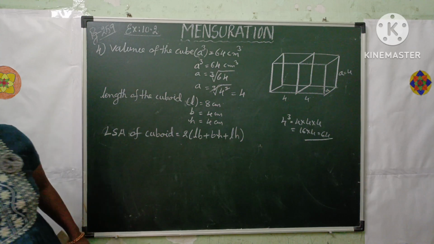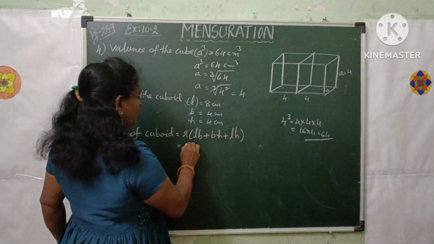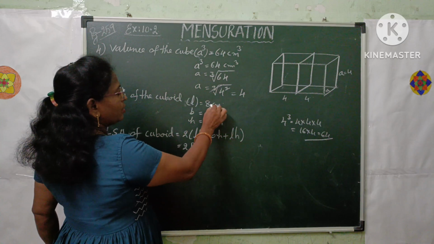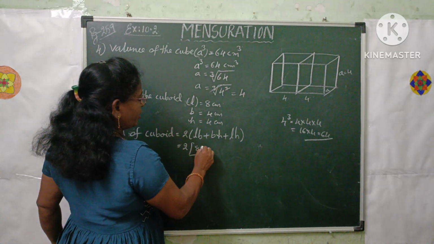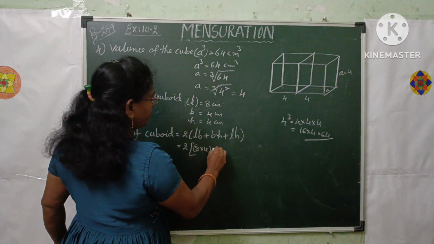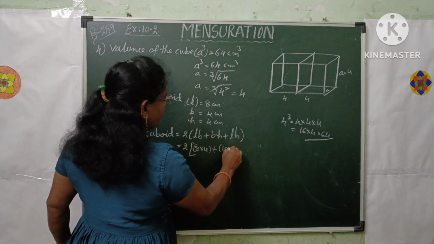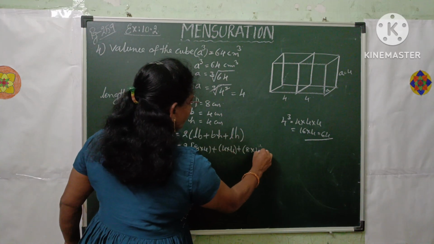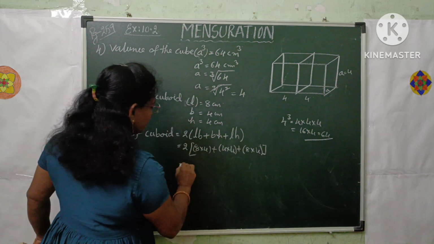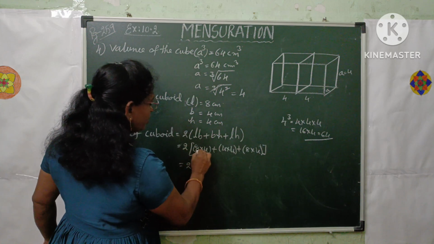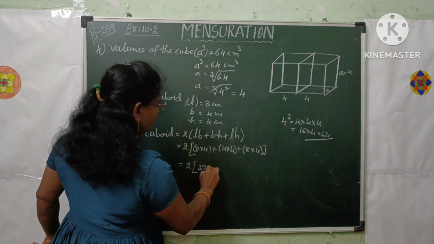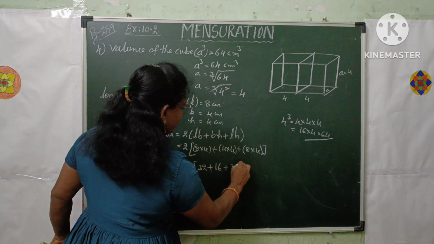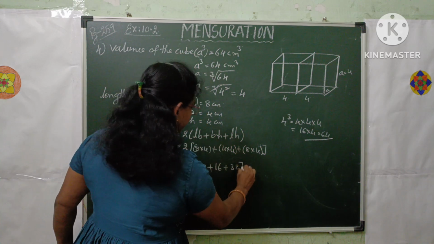That is equal to 2 into L, L means what? 8. So 8 into 4 plus 4 into 4 plus 8 into 4. That is equal to 2 into 32 plus 4 4s are 16 plus 32. 4 8s are 32.